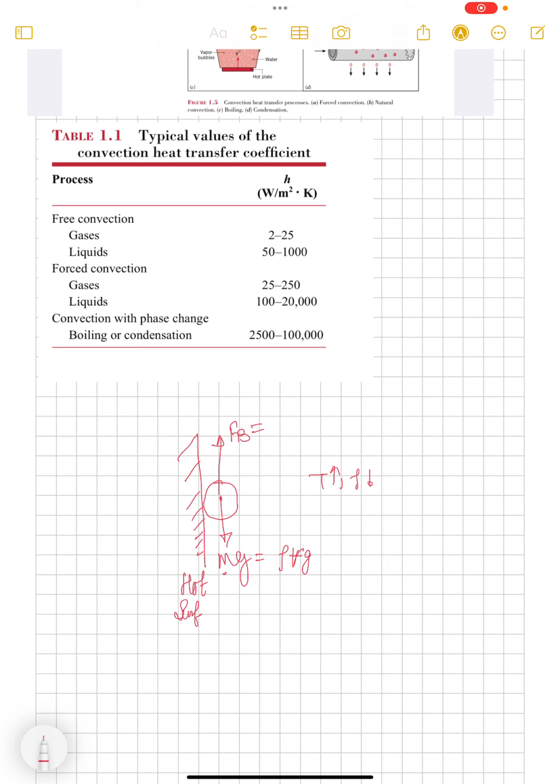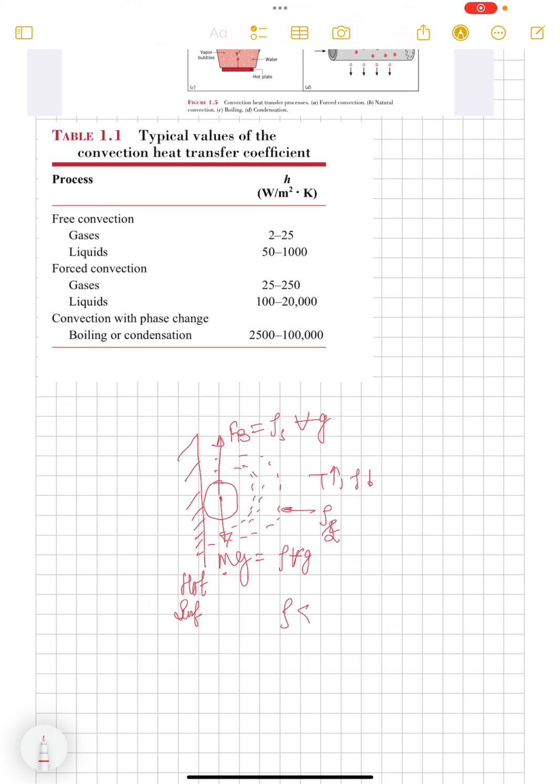Its density gets lower, while the surrounding fluid is still at higher density because it has not gotten hot. Let's say its density is rho and the surrounding fluid's is rho S. So the buoyancy force on it will be rho S times the volume of the fluid particle that is displaced, times g.